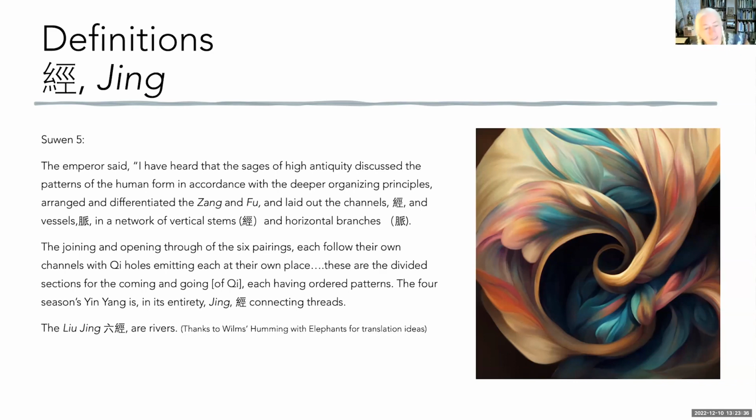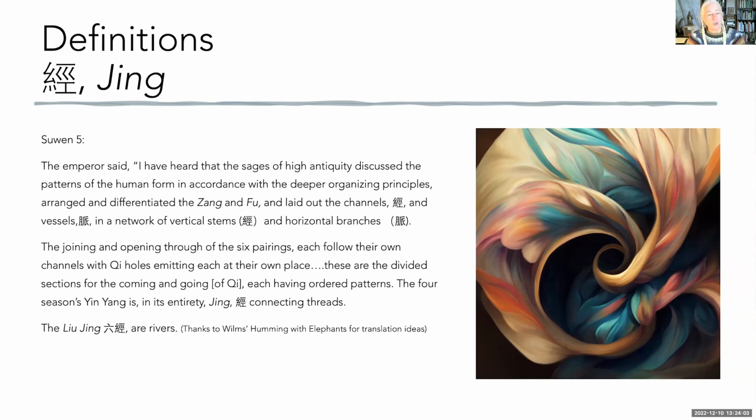And what is it actually connecting here? It's connecting our bodies with what's between heaven and earth, to the influences of the celestial objects. So we're communicating with those through the 6 pairings, the 12 channels.